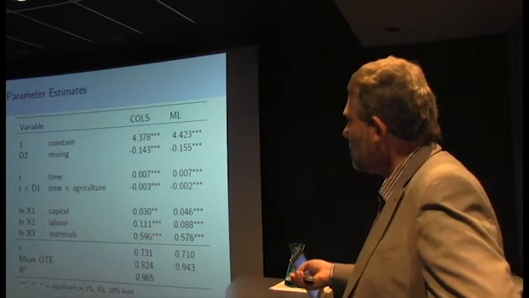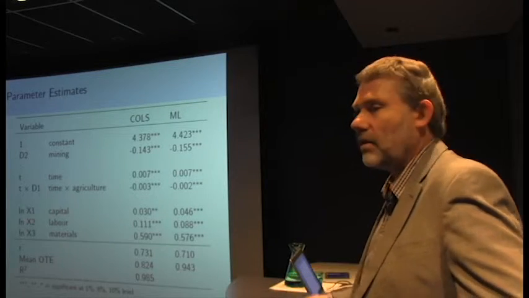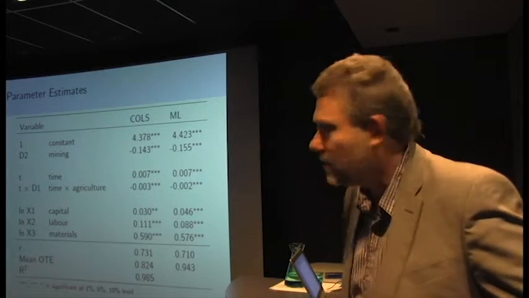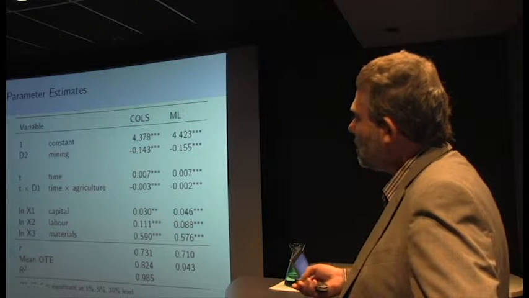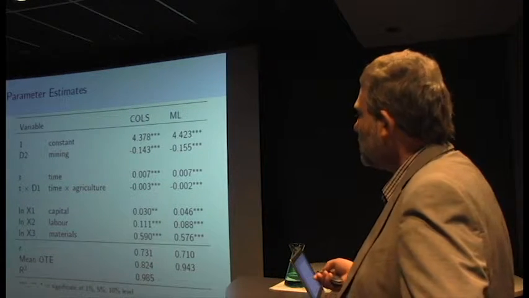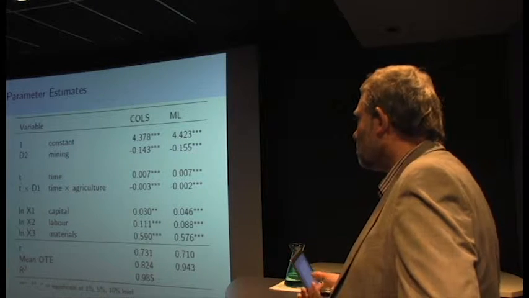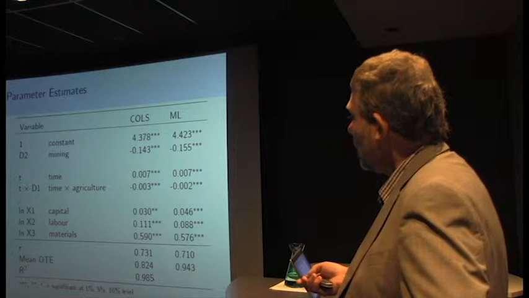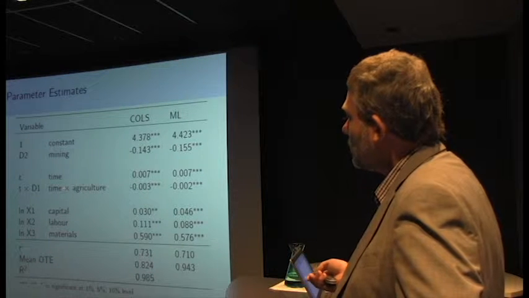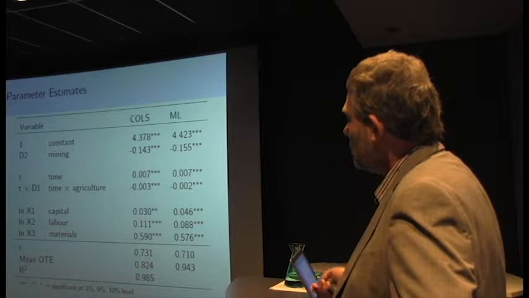All these numbers are positive, indicating that increases in capital, labour and material lead to increases in output. Different coefficients of time trend here indicate improvement in technology basically. This stuff here is indicating differences in production environments in agriculture and various other bits and pieces.